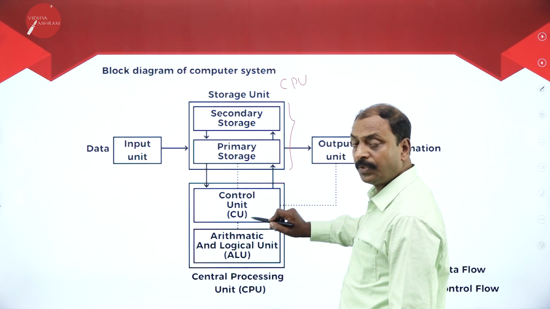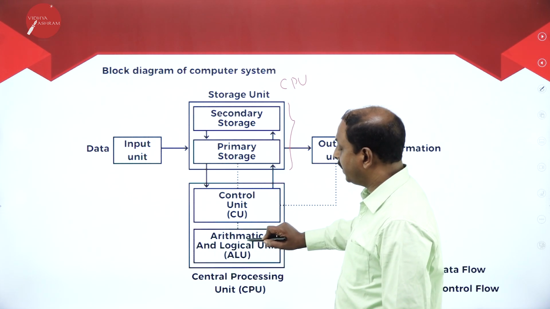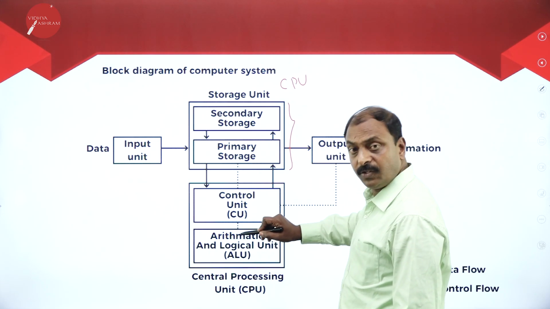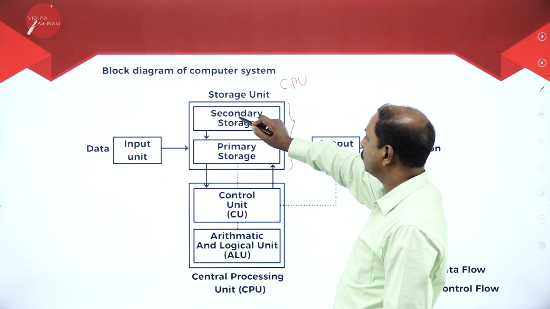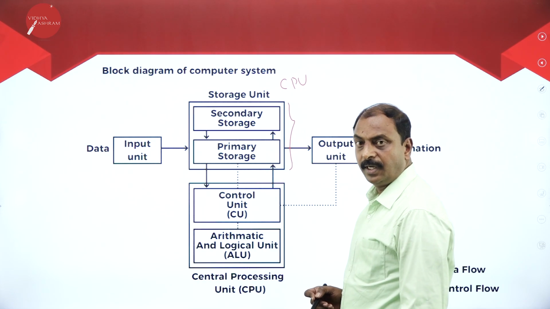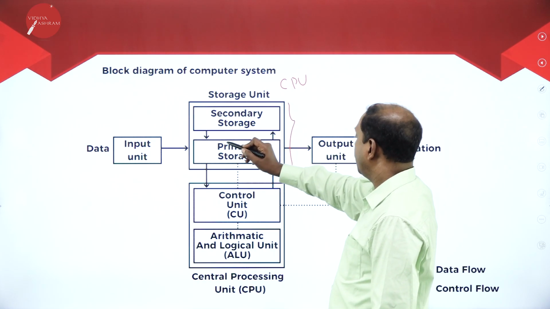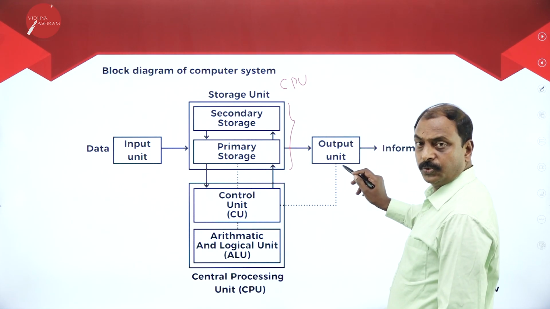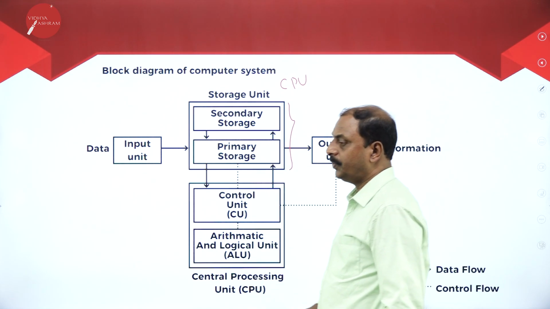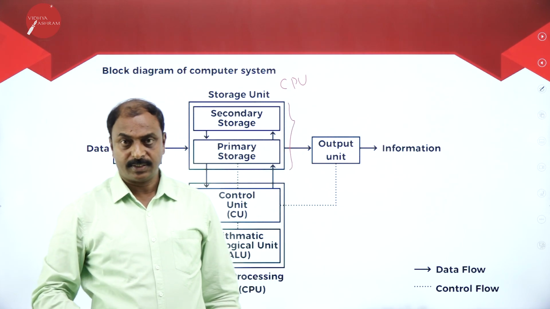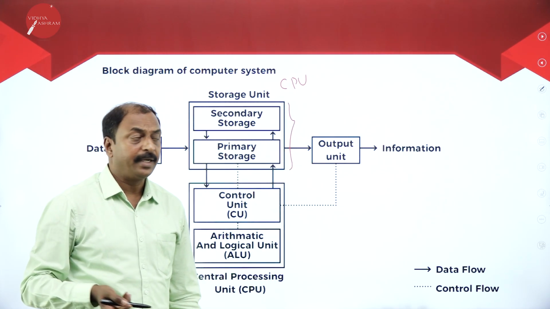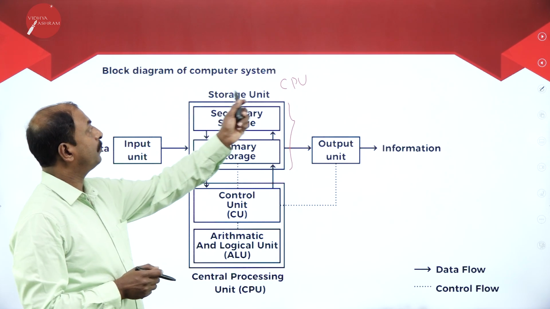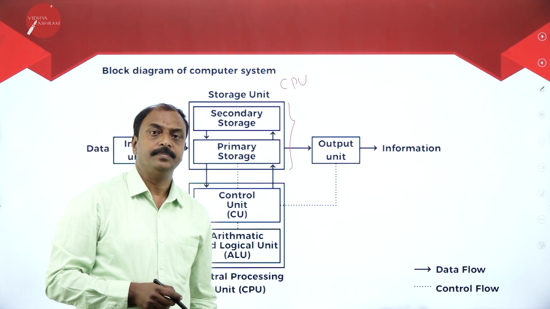Then after calculation, the data with instructions and information moves back to the memory unit, and from the memory unit it goes to the output unit for the user. So this is how a computer functions or works, and it can be explained with the block diagram of a computer system.